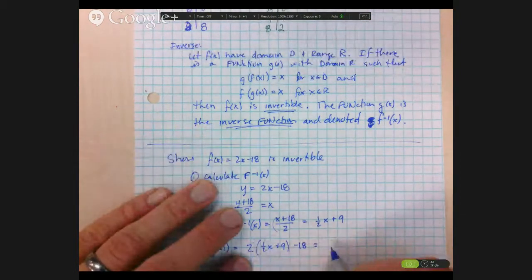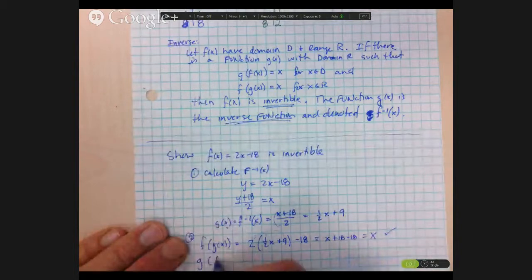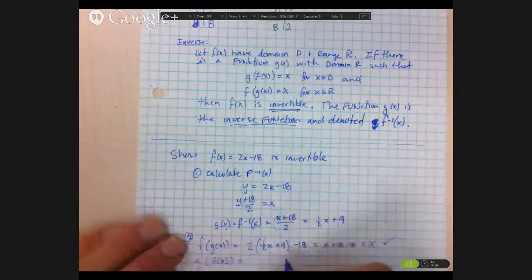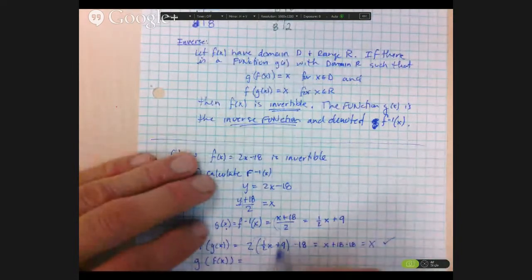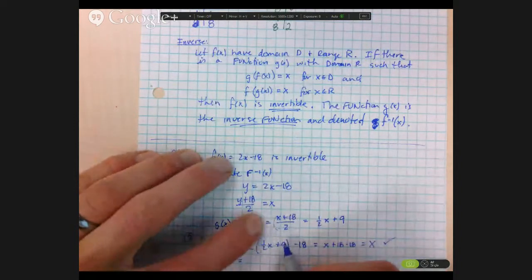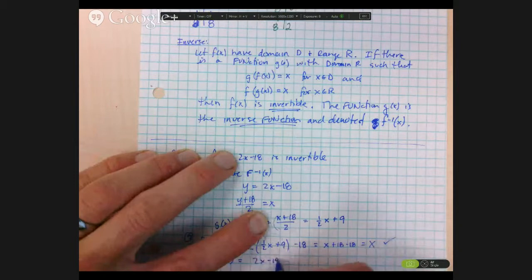Distribute: x plus 18 minus 18 equals x. Check. Now g of f of x: we put in (2x minus 18 plus 18) over 2.